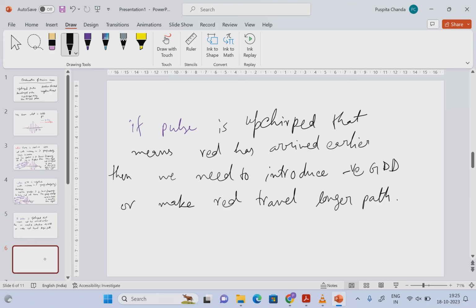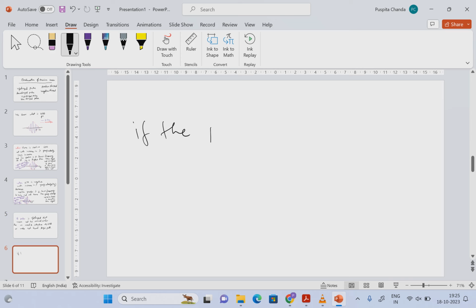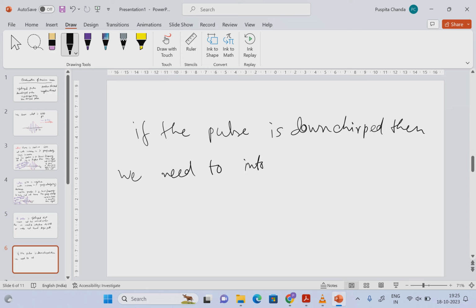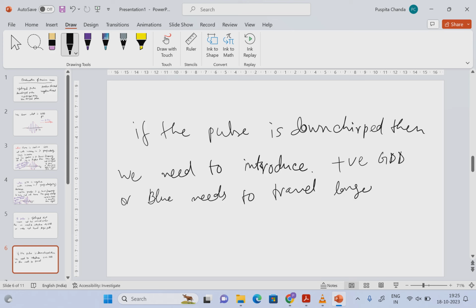And if the pulse is downchirped, we need to introduce positive GDD or blue needs to travel a longer path.